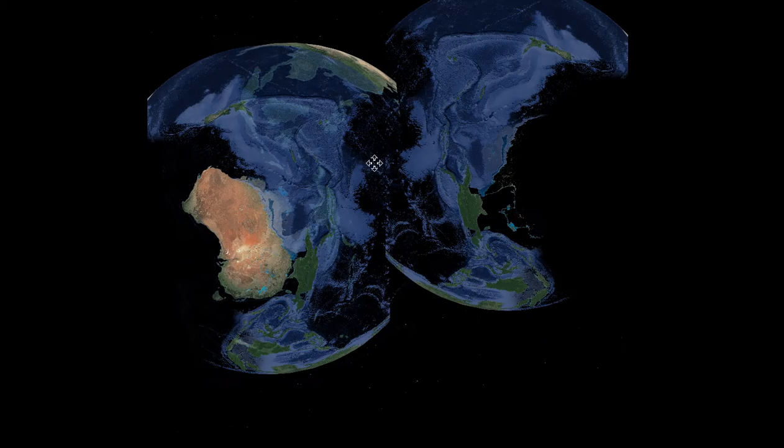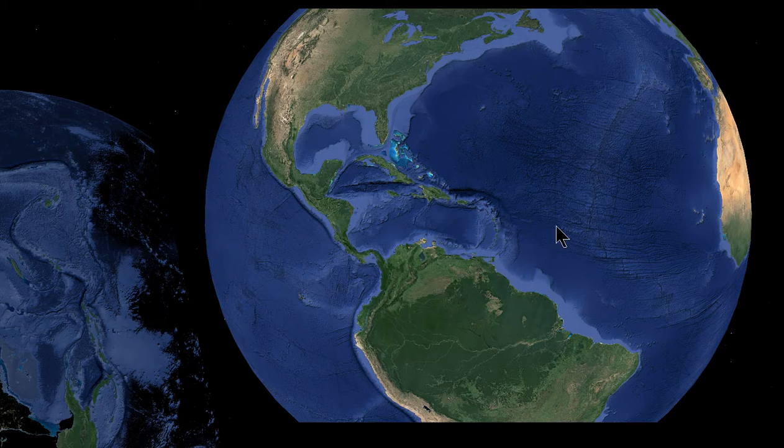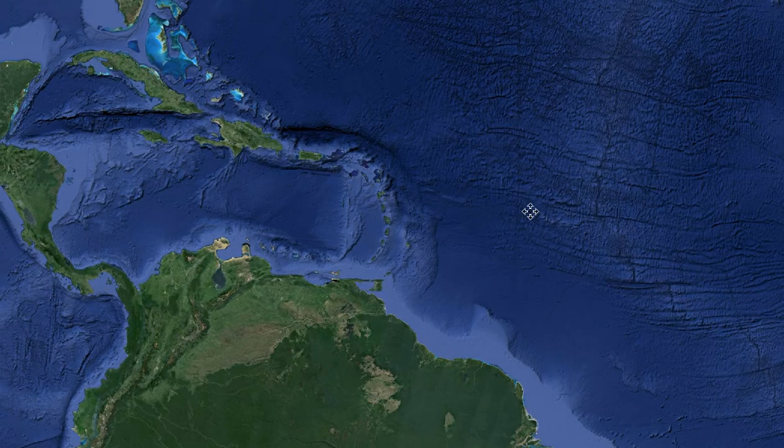Okay, I gotta go to the next step. Check this out. You saw in one of my recent videos where I showed you that these islands here are responsible for this cross hatching, or these lines that run across the mid-Atlantic ridge, which is the heart of plate tectonics. And I don't think they explain what these cross marks are.